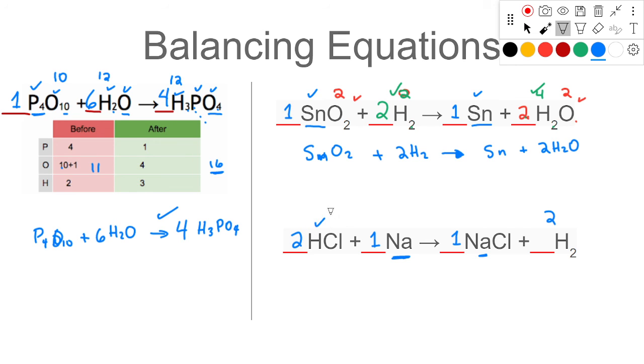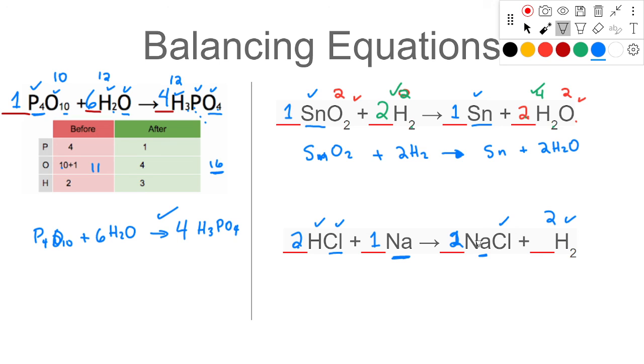Now I've got 2 hydrogens and 2 hydrogens. On the chlorine, I've got 1 in each molecule of chlorine, so there's 2 on this side, but I've only got 1 on this side, so I'm going to have to double that right there. But now my chlorine is happy.